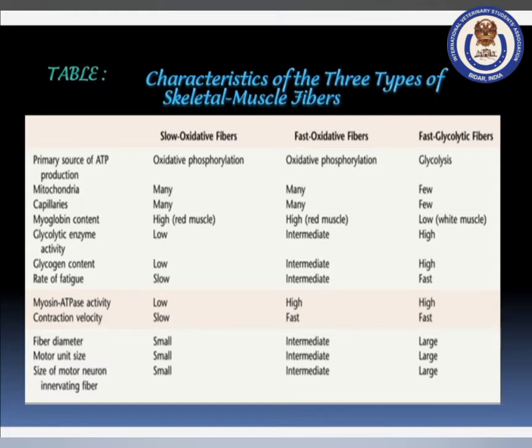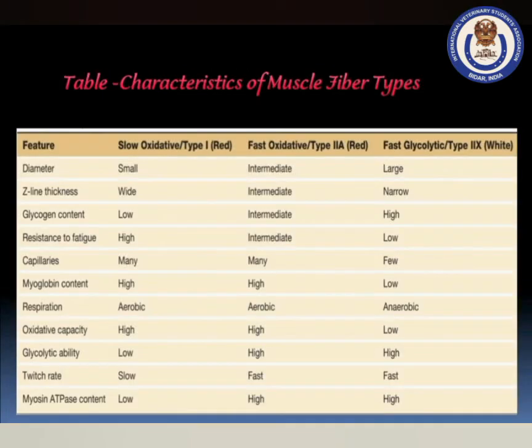Fiber diameter, motor unit size, and size of the motor neuron innervating the fiber are small in the slow oxidative fibers, intermediate in the fast oxidative fibers, and large in the fast glycolytic fibers. In the second table, focus mainly on respiration: it is aerobic in both slow oxidative and fast oxidative fibers, and anaerobic in the fast glycolytic fibers.